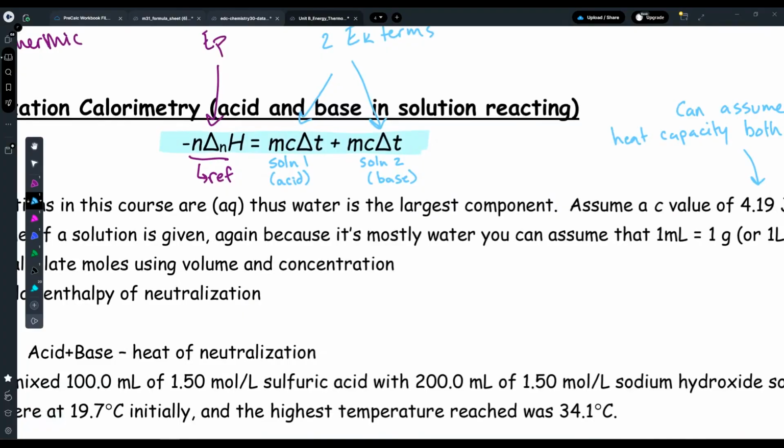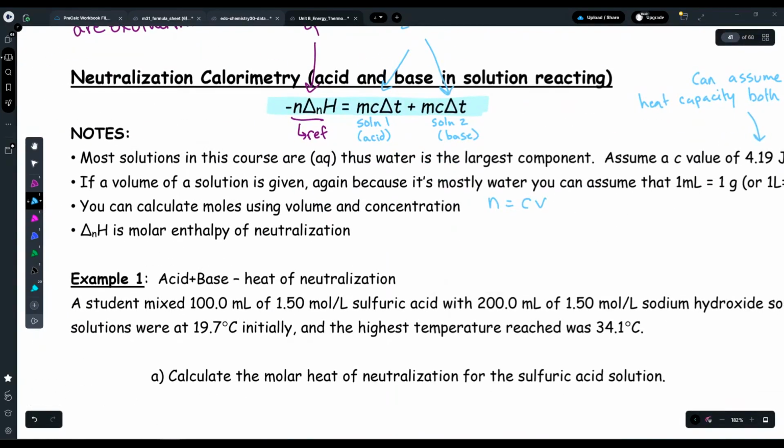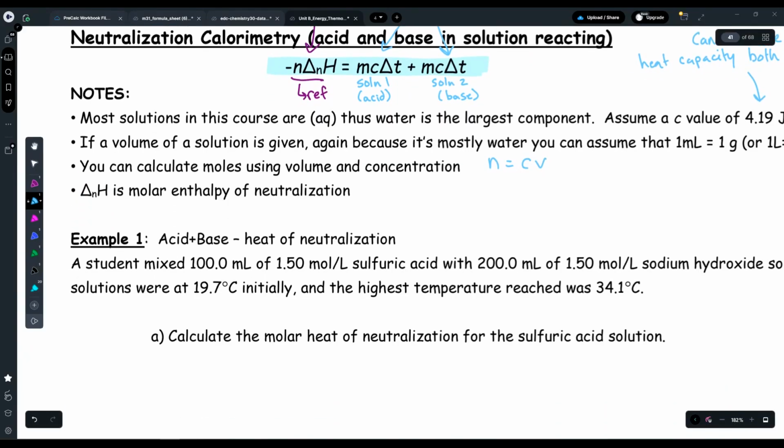As a reminder, your moles is going to be equal to concentration multiplied by volume. That's the formula that we're using. Again, yet another formula you do have to memorize because it's not given to you in the data booklet. Okay, and this symbol right here just stands for the molar enthalpy of neutralization.